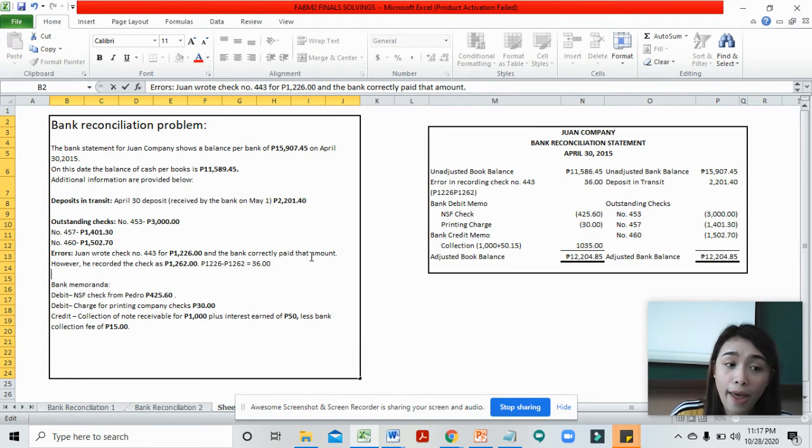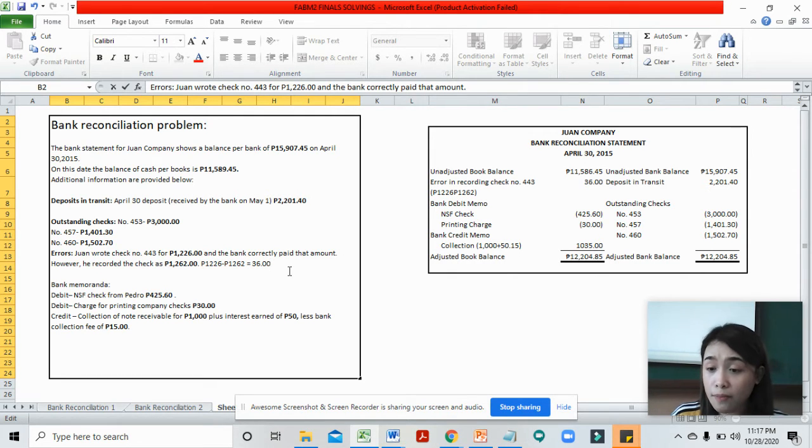However, the company recorded the check as 1,262 pesos. So what are we going to do? Of course, you just have to subtract. So we have 1,226 minus 1,262, which is equal to 36.